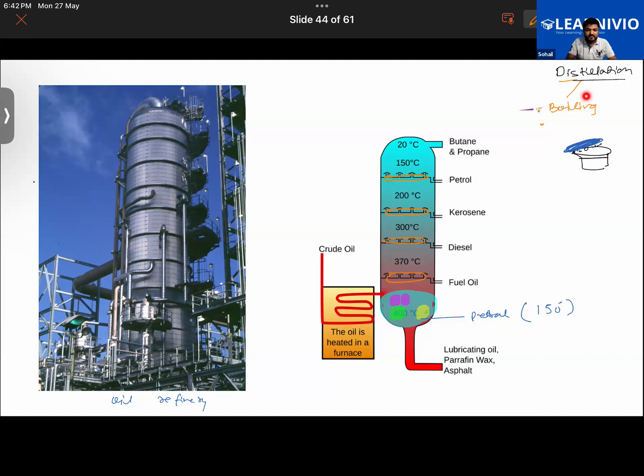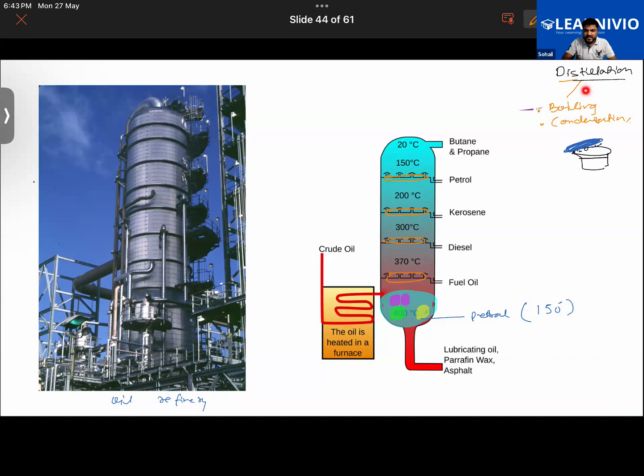Distillation comprises of two things. One is boiling, another one is what? Come on. It's condensation, no? Guys, it's condensation. Am I not audible to you guys? Yes, sir. So why are you guys not replying to this?